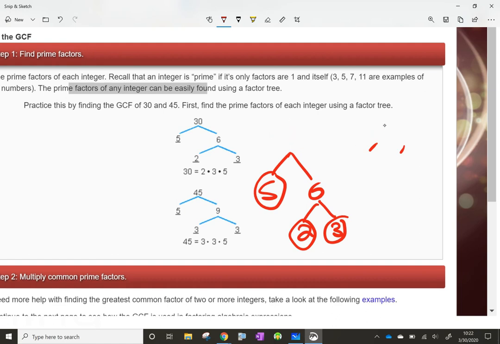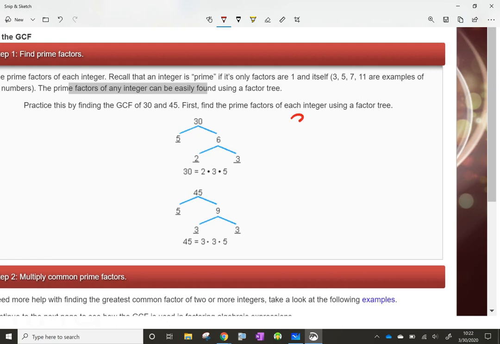But you don't have to choose 5 and 6. Let me show you a different approach, right? 30 can be done by doing 3 times 10. It's going to be a different looking tree, but we'll still get the same factors of 5, 3, and 2. Obviously 3 as part of this branch cannot be broken down anymore.